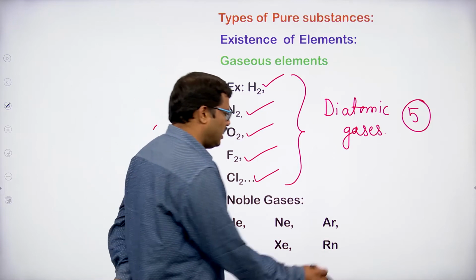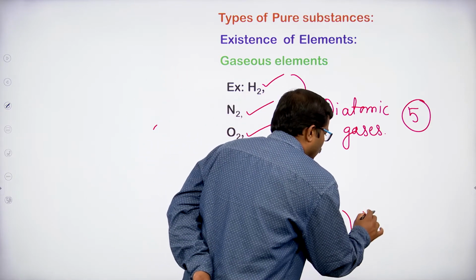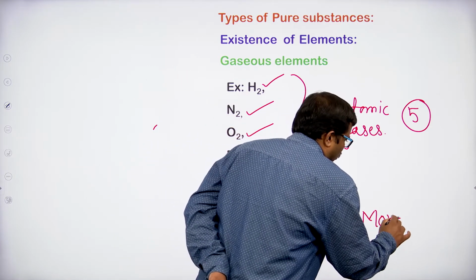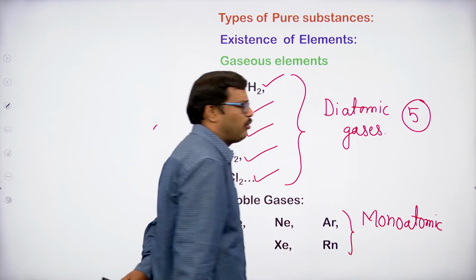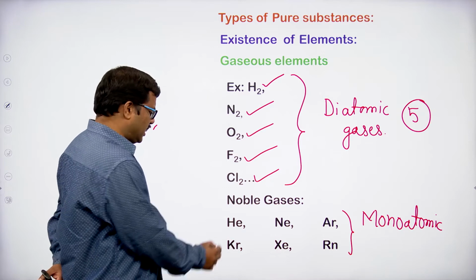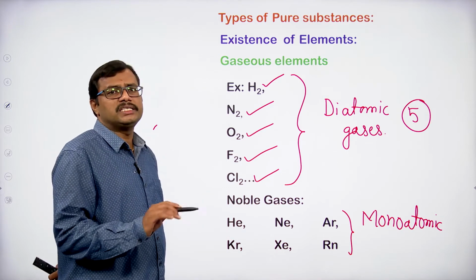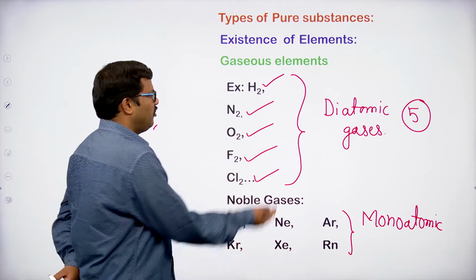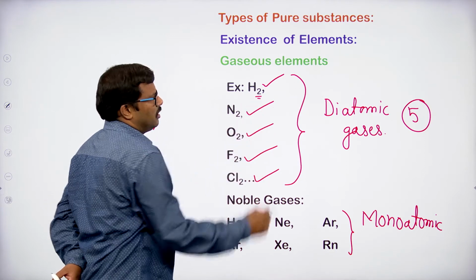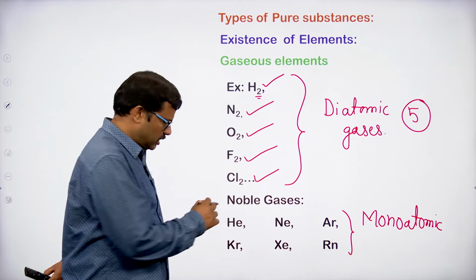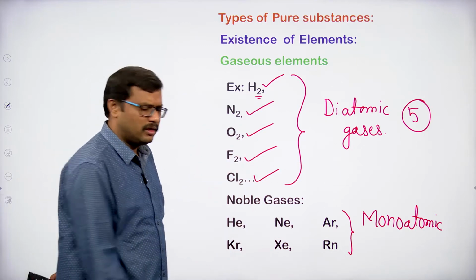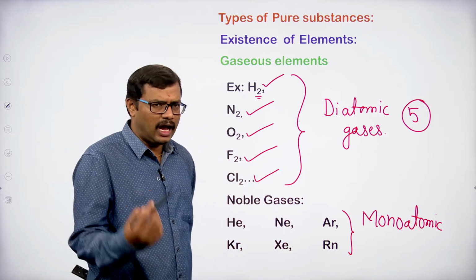What do we mean by monoatomic? They exist in nature in a single atomic form only. Helium in nature exists as He only, not as He2. Here, hydrogen exists as H2, but helium and neon exist as He and Ne only. Argon exists in nature as Ar.